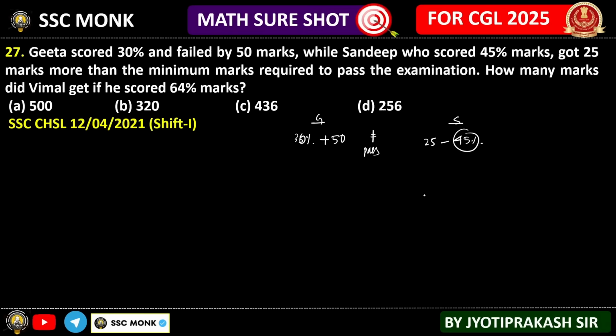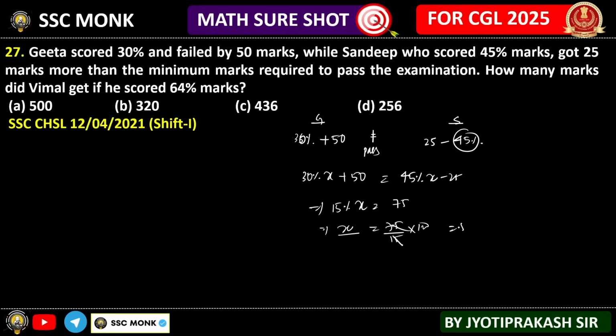Yes or no? Yes. Sir, total mark, let's say X. So 30% of X plus 50 marks is equal to 45% of X minus 25, because that is the total mark. 45 minus 30 is equal to 15% of X, which is equal to 75. So X is equal to 75 divided by 15 into 100, that is equal to 500.